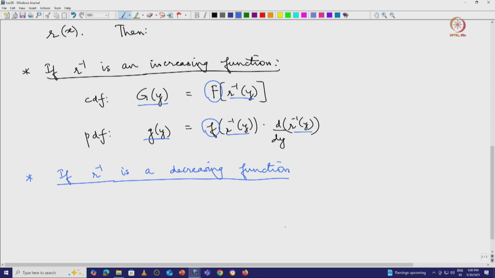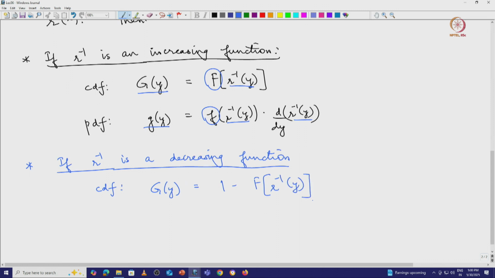In this case, the cumulative distribution function, the CDF G of y, is 1 minus F of r inverse y, and the probability density function, the PDF small g of y, is minus f of r inverse y times d dy of r inverse y. Okay.